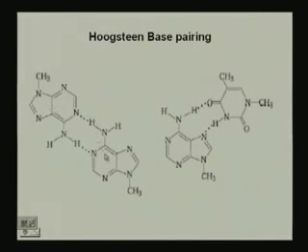Purine. What is this? It is also a purine. So, in this case, you not only have purine pyrimidine base pairings, you can have purine purine base pairings also. But we will see how this is not seen in double stranded DNA.